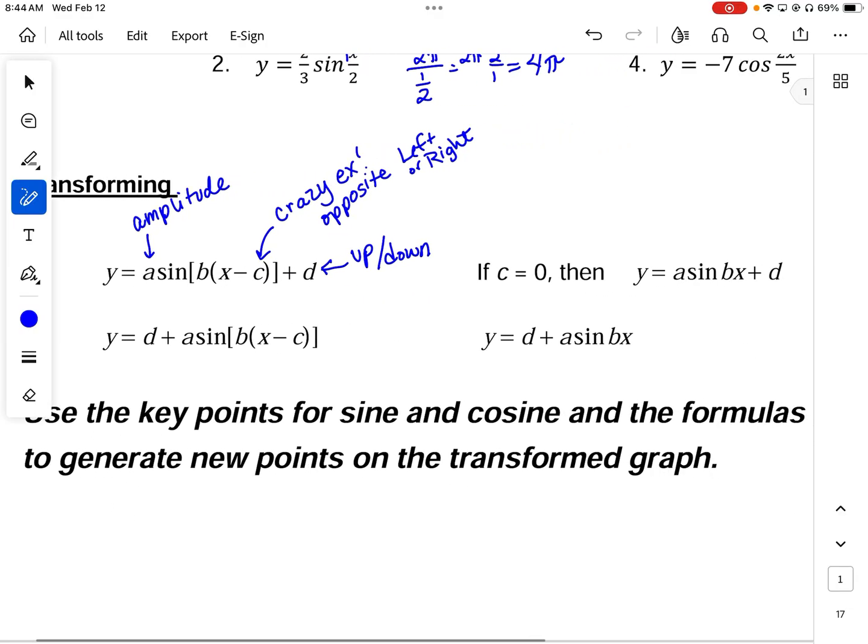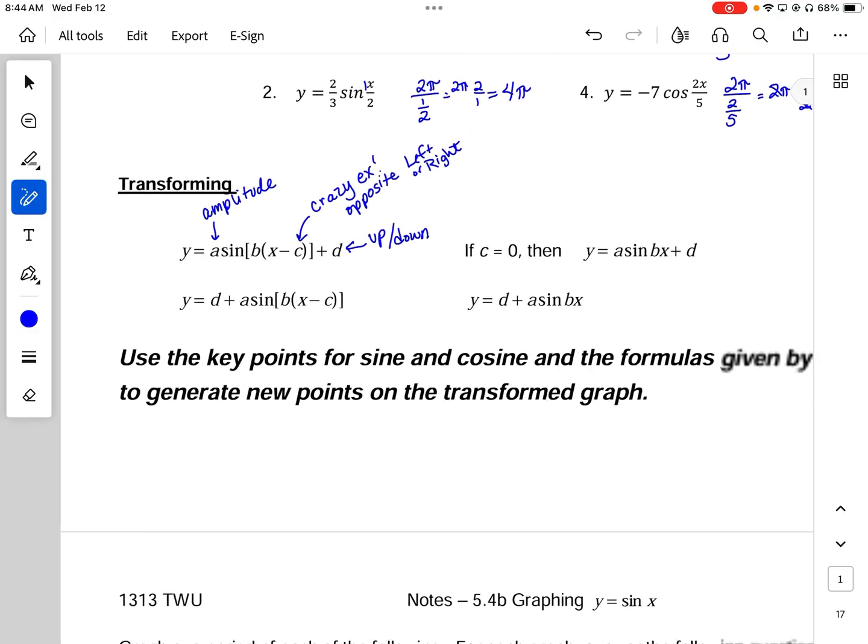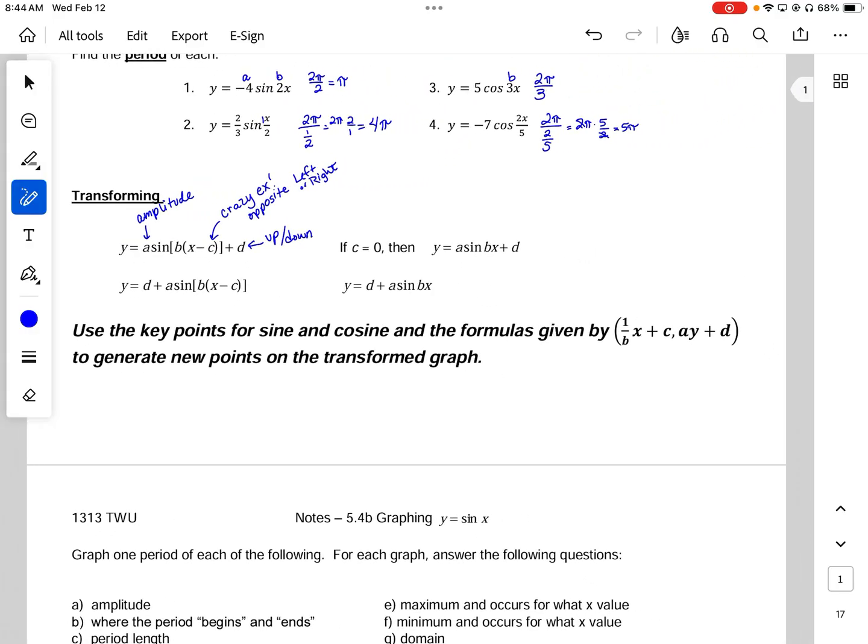Okay, and then it also has a little special note here. If C equals 0, then y equals A sine B of X plus D. So there wouldn't be a plus or minus C value. So the way we are going to transform is use key points for sine and cosine. The formula is given. So put a box around this. This is important.